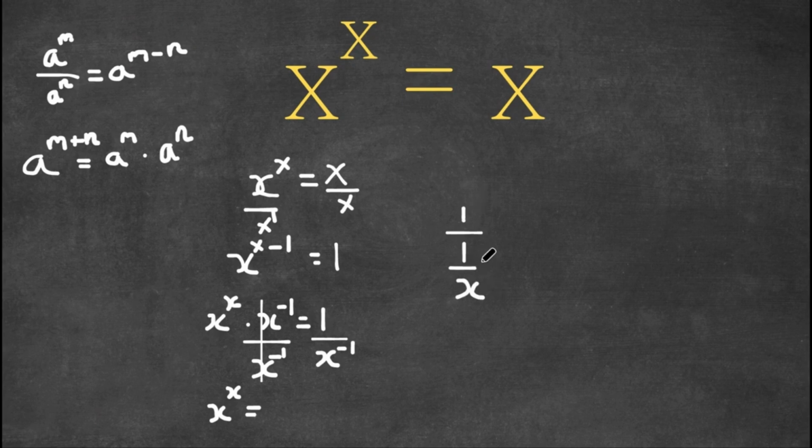And 1 over 1 over x is simply equal to x. So 1 over x to the power of negative 1 is simply just x. So now we get x to the power of x is equal to x.